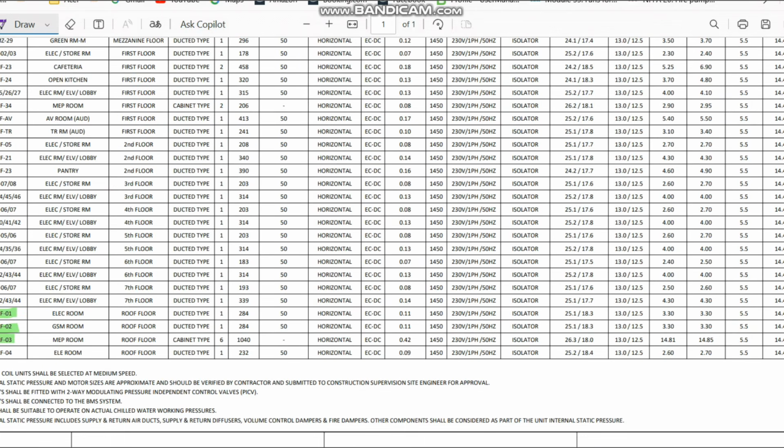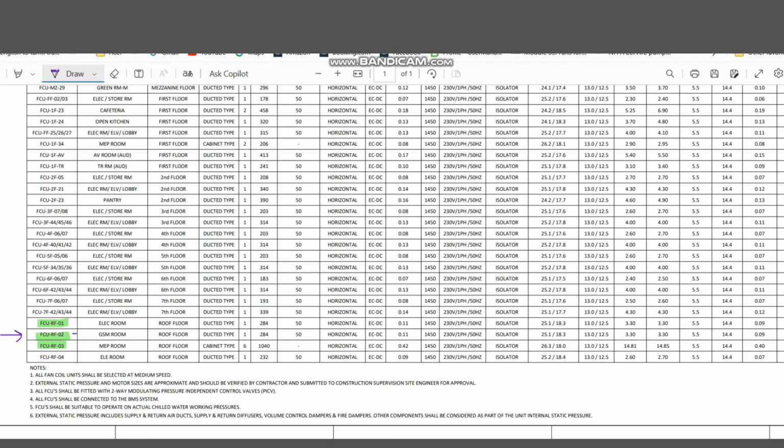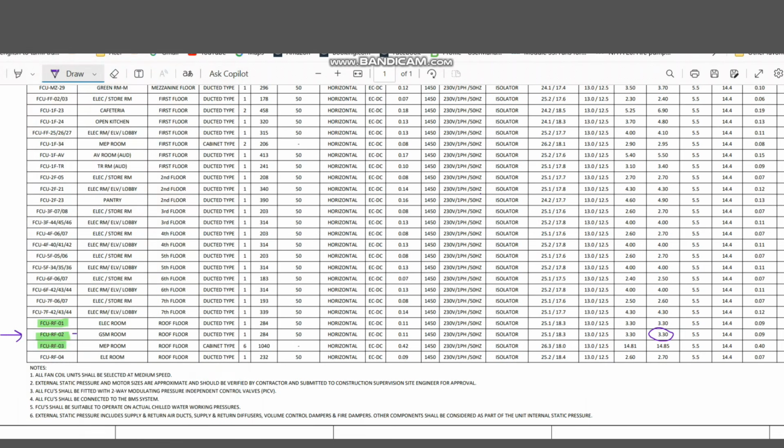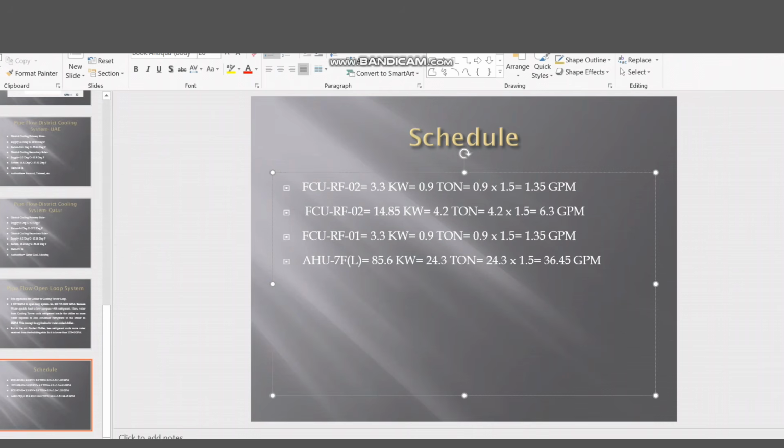We need to know the total cooling capacity. It is 3.3 kilowatt. So 1 ton is equal to 3.517 kilowatt, which is a constant value. So it will be 3.3 divided by 3.517. It is 0.938 ton. So as I mentioned, 0.9 ton, and in our application 1 ton is equal to 1.5 GPM.